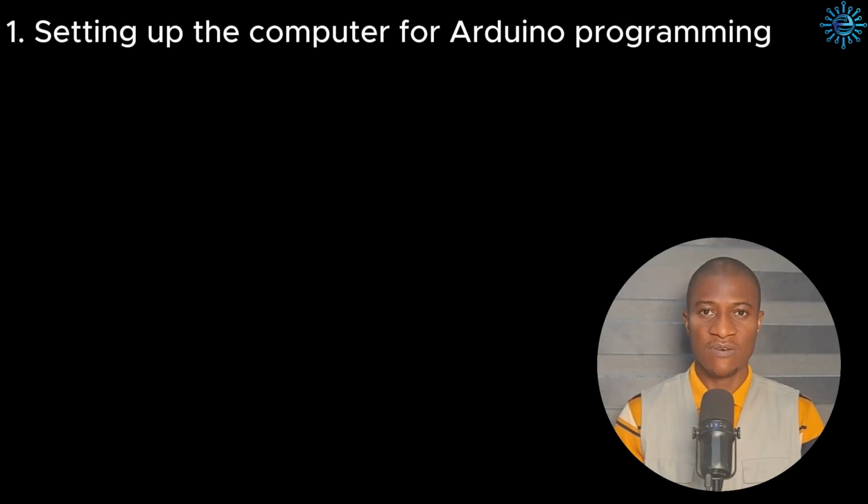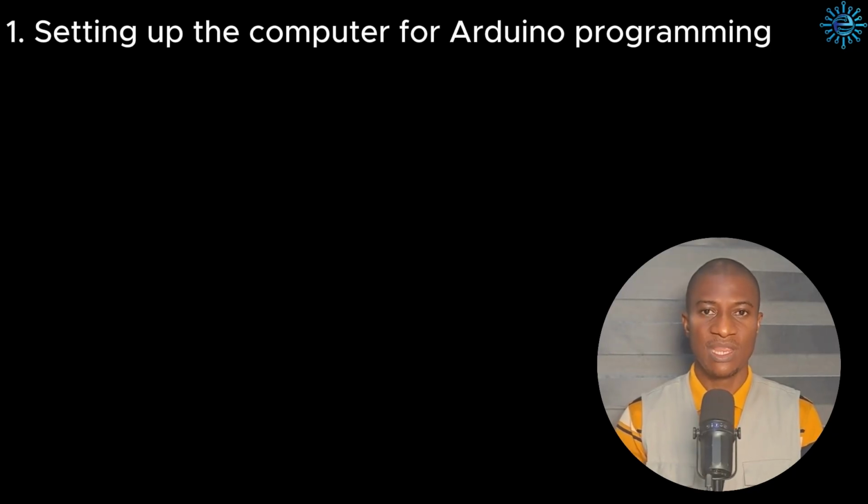Alright, in this class, we learned how to set up our computer for Arduino programming by downloading and installing the Arduino Integrated Development Environment, that is, the Arduino IDE. We connected the Arduino board to the computer and configured the Arduino IDE so that it could communicate with the board.